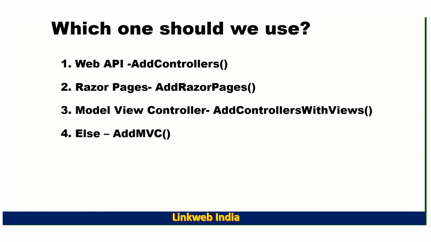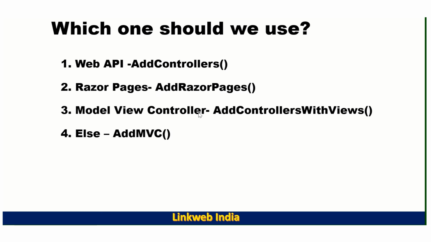We don't need any views or anything, we just need controllers and models. So in that case you have decided that we have to use AddControllers. And for Razor Pages, we have to use AddRazorPages in the ConfigureServices method to use Razor Pages.